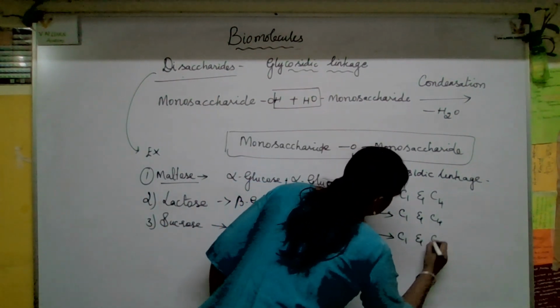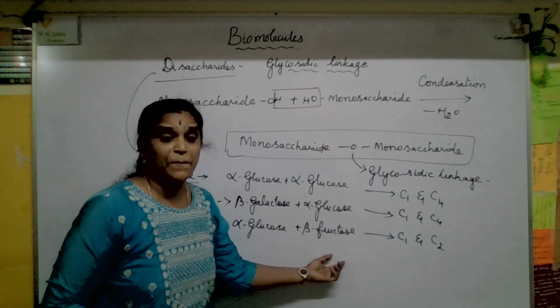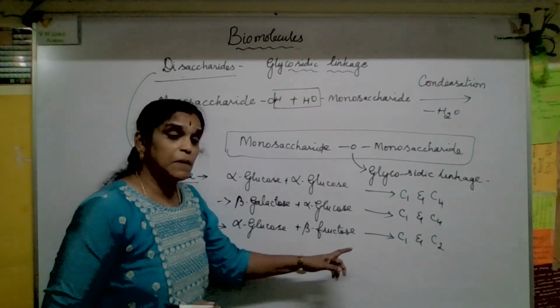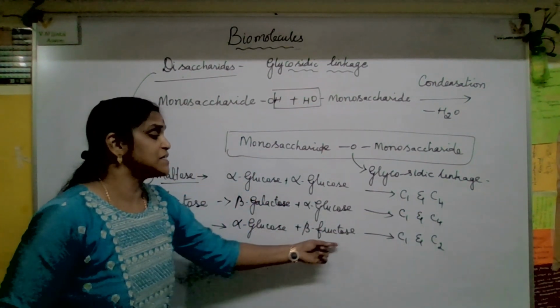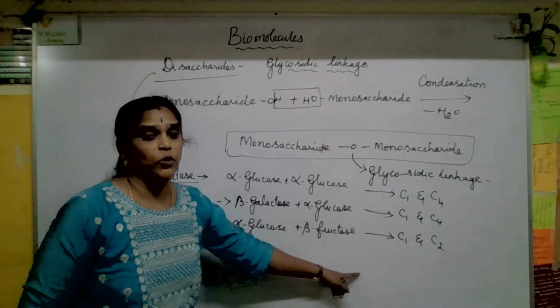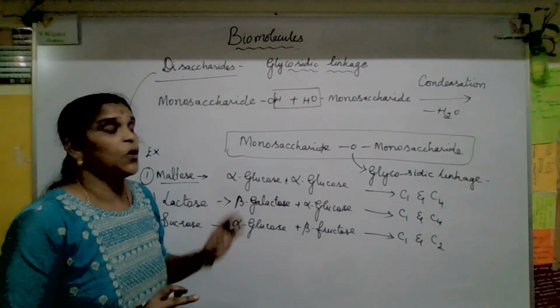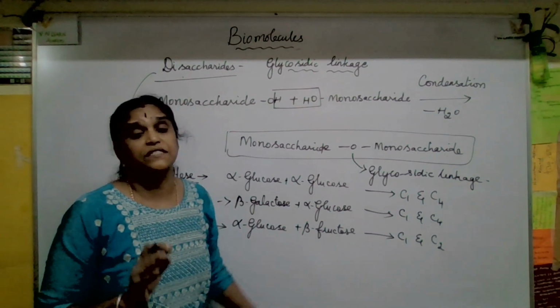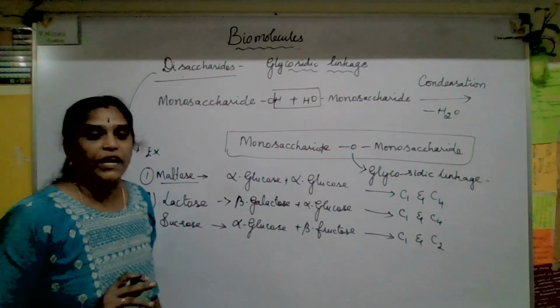C1 and C2, because fructose is a five-membered ring. In a six-membered ring the linkage is at carbon 4, in a five-membered ring at carbon 2. Once we draw the structure, you will come to know very clearly. Hope you are clear with this.